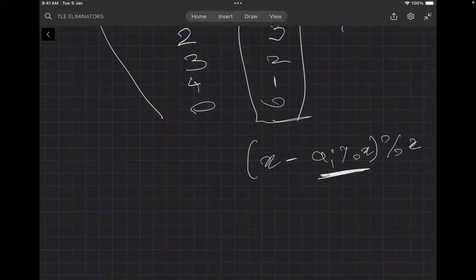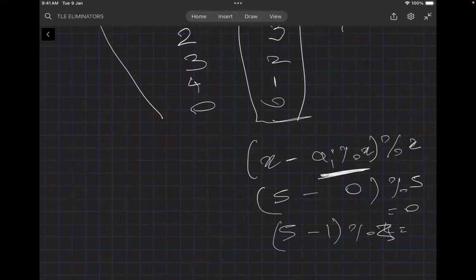When this was 0, 5 minus 0, the whole mod 5 gives 0. When this was 1, 5 minus 1 is 4, and 4 mod 5 gives 4, and so on and so forth.